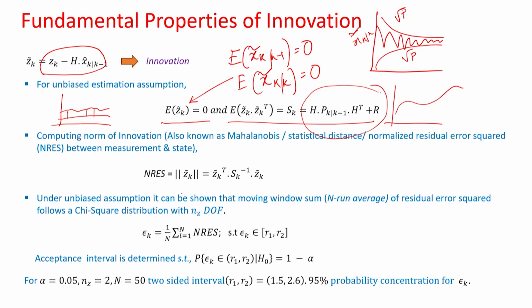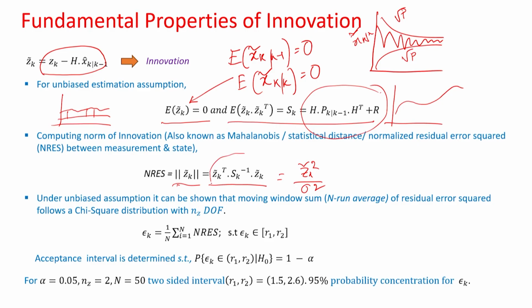You just see that the norm of innovation is this. Okay. So, with this you can see this is actually the transpose times the covariance matrix inverse times this. Okay. If it is a scalar, you can obviously say that z tilde k square divided by sigma square, if the innovation is a scalar. In the next example, I will take a scalar example only, not a matrix.